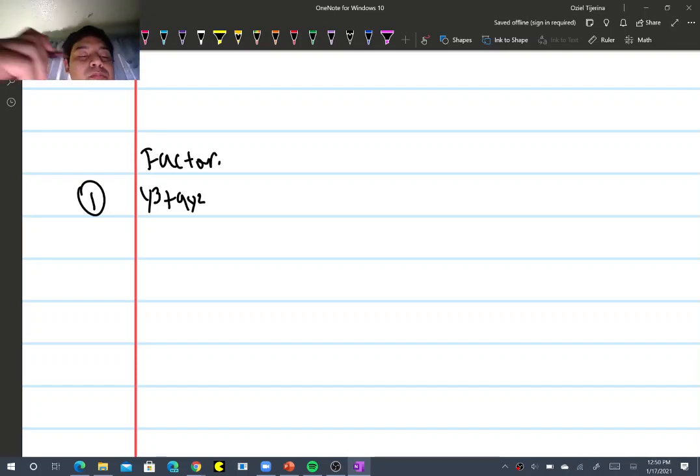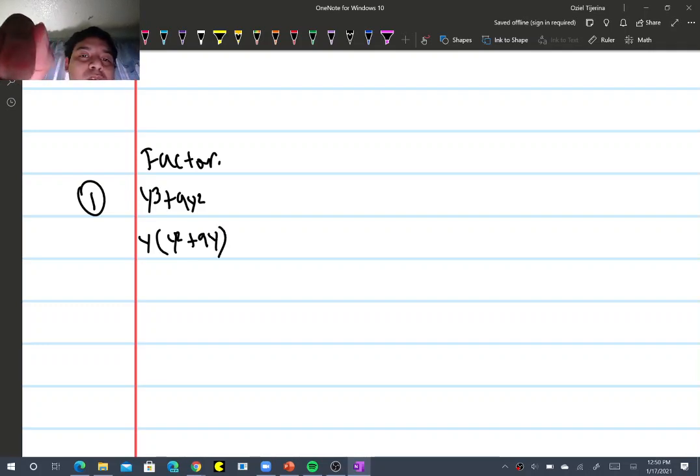Basically, you're going to factor out the greatest common monomial factor. What that means is you ask yourself, what can I factor out of this? What can I take out? If you look closely, you can take out a y and say y times y squared plus 9y.